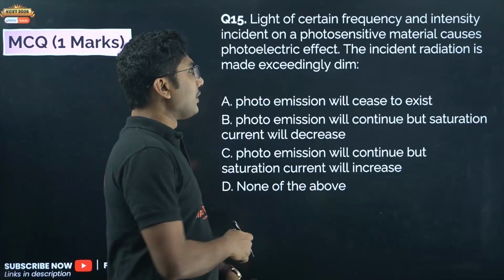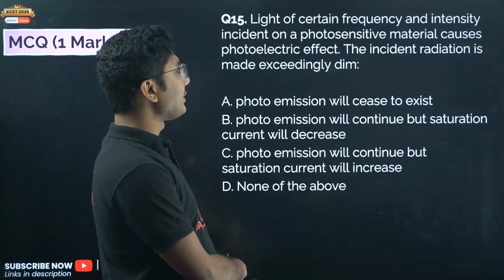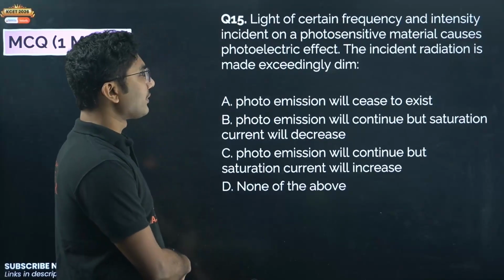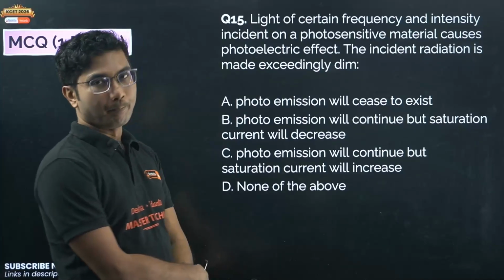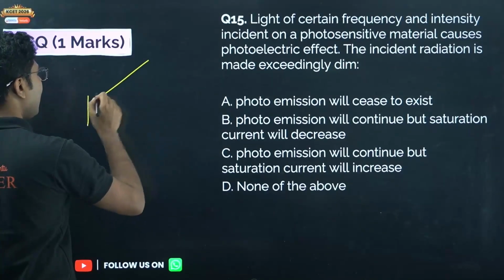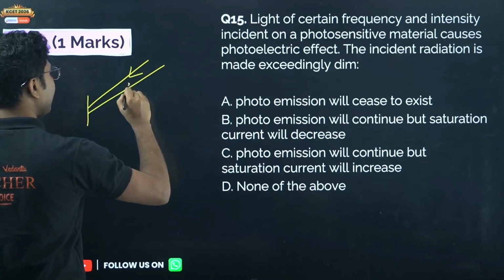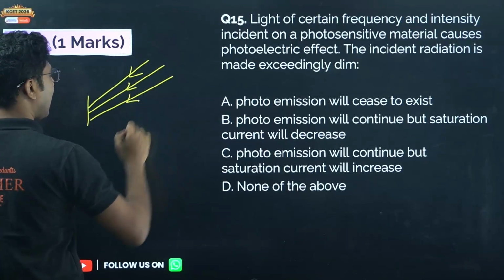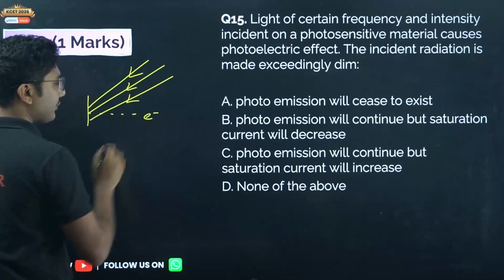Light of certain frequency and intensity incident on a photosensitive material causes the photoelectric effect. The incident radiation is made exceedingly dim. Okay, so we have a photosensitive material, and some incident light is falling on this. Suppose initially we had a lot of bright light falling on this, and we are getting some electrons out of this surface.